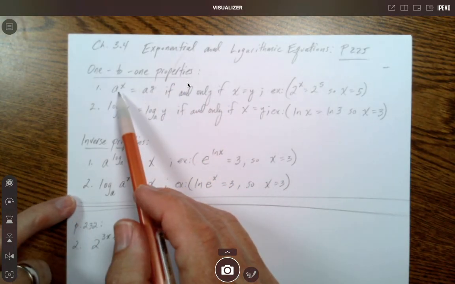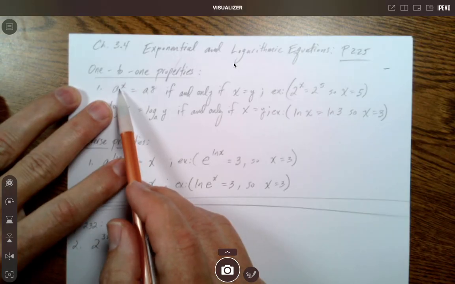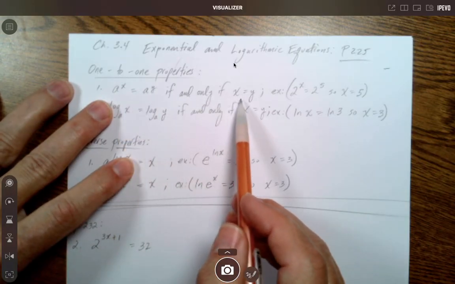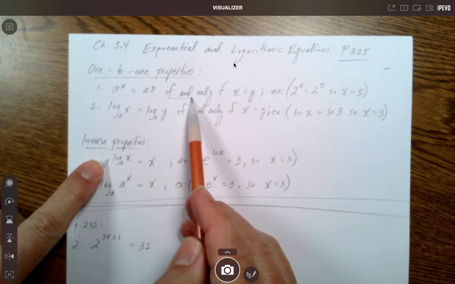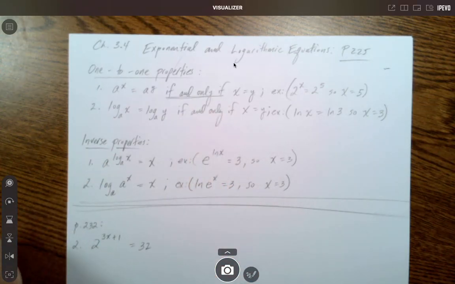So the first one is a one-to-one property. A raised to the x is equal to a raised to the y if and only if x is equal to y. Now that expression, if and only if, I've probably talked about that before, but it just means the conditional statement and its converse are both true.